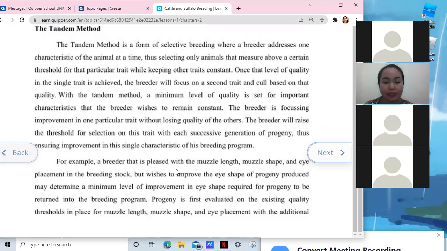So later in the next discussion, we have a lot of breeding types, no? Backcross and crossbreeding. So yung first generation or the progeny will be evaluated depending on the qualities for lens shape and eye muscle, then eye placement, no?